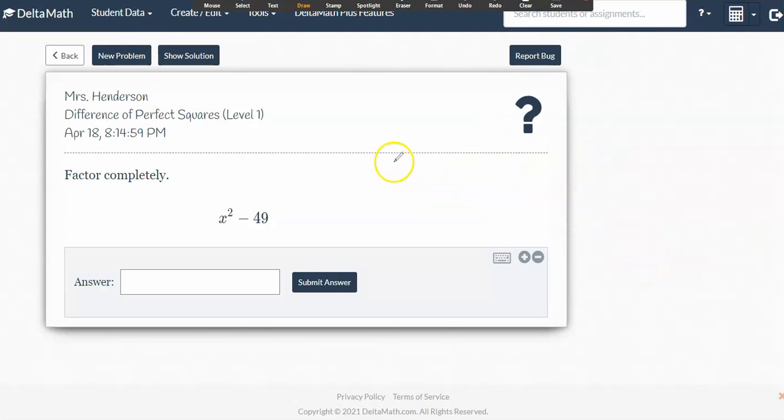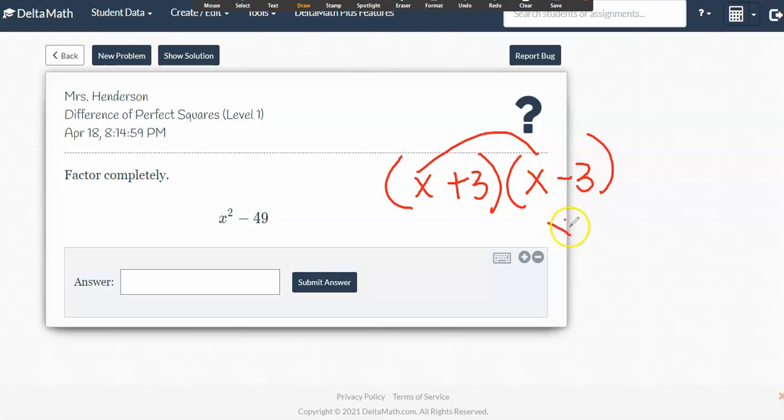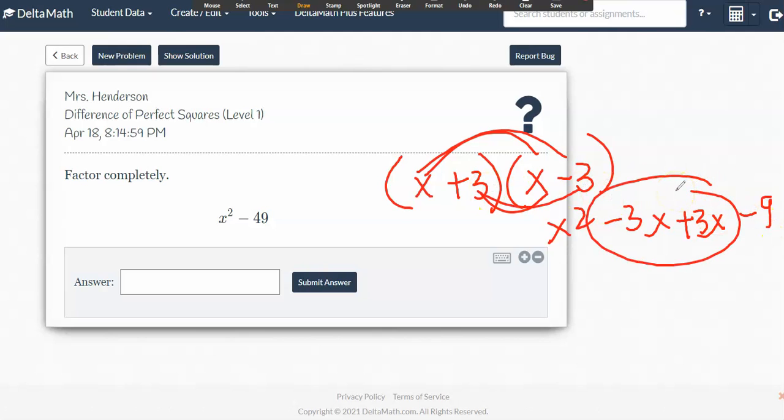But when we had problems that looked like this, x plus 3 and x minus 3, x squared minus 3x plus 3x minus 9, we always got inverses in the middle. And it always resulted in a binomial answer instead of a trinomial.